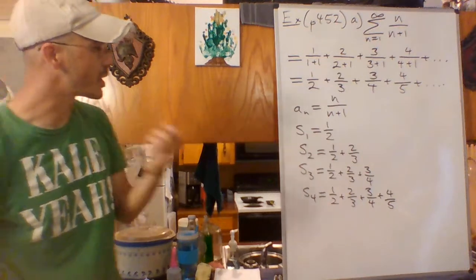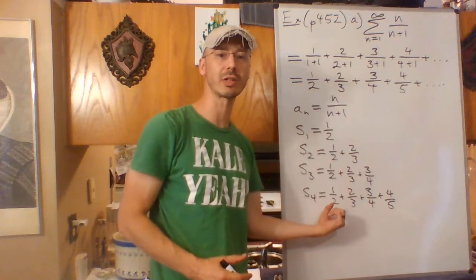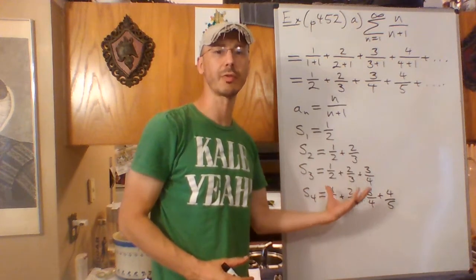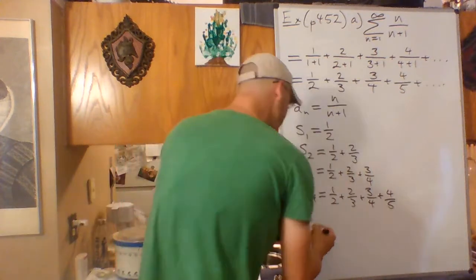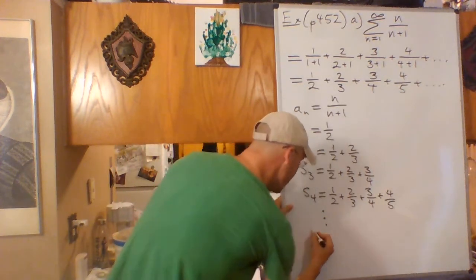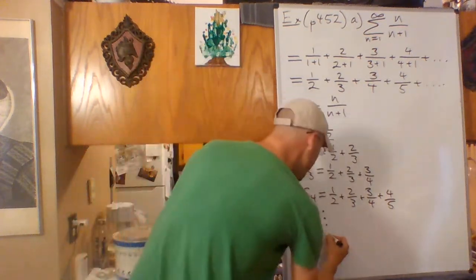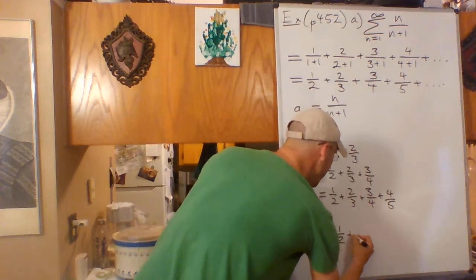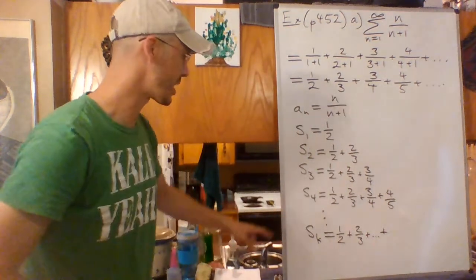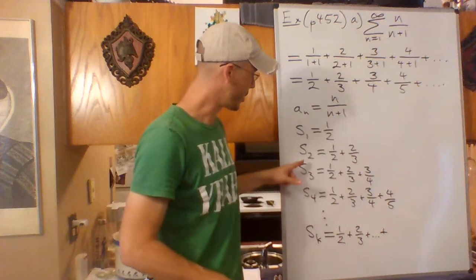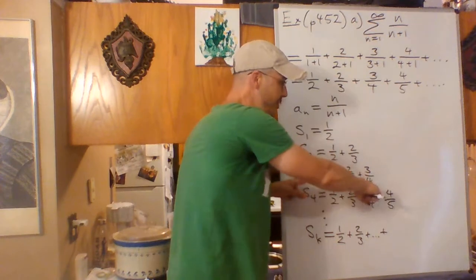And like I said, you could combine these into a single fraction. Let's just look for the pattern here. In general, though, we can go to the general term, or the kth partial sum, an arbitrary partial sum: 1/2 plus 2/3, all the way up to, well, what's the last one? Look here, S2 has 2/3 for its last one. S3 has 3/4.